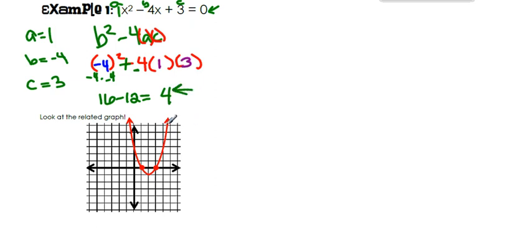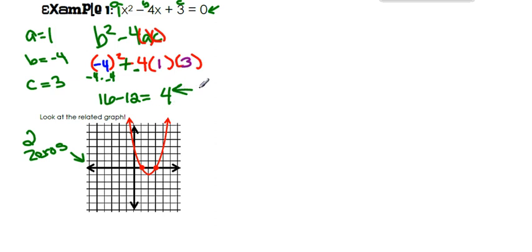Now, what I've also done is I have graphed that function, and I want you to notice this number and the function. If you look at this function, how many intercepts does it have? It has 2. So there are 2 zeros. What do you notice about this number? Is this number positive or negative?